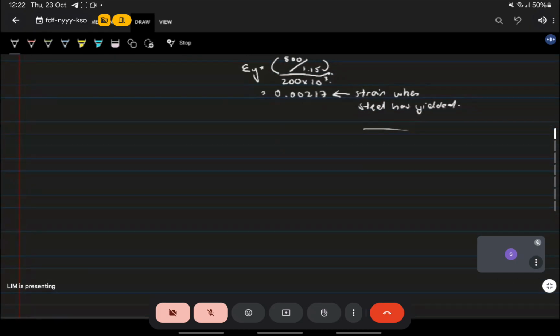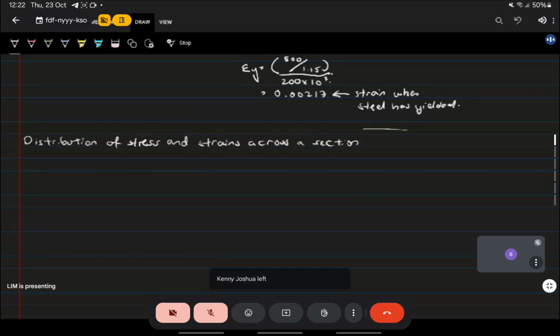Next is distribution of stress and strengths across a section in bending or in fracture.